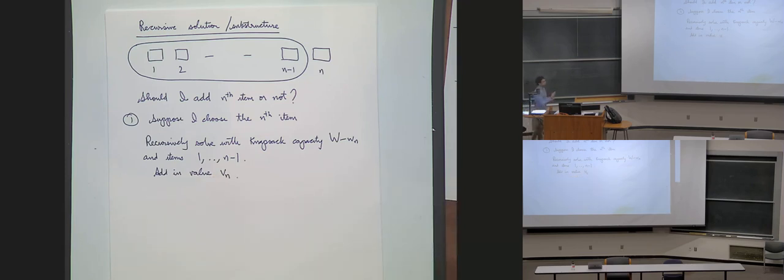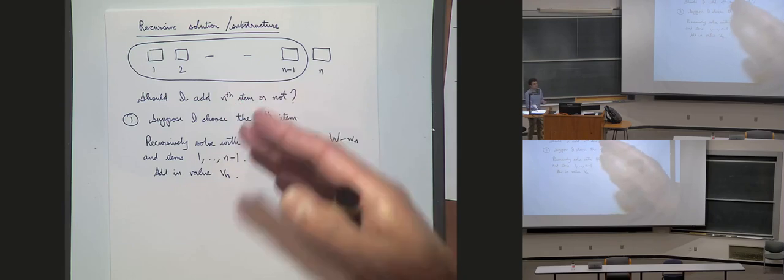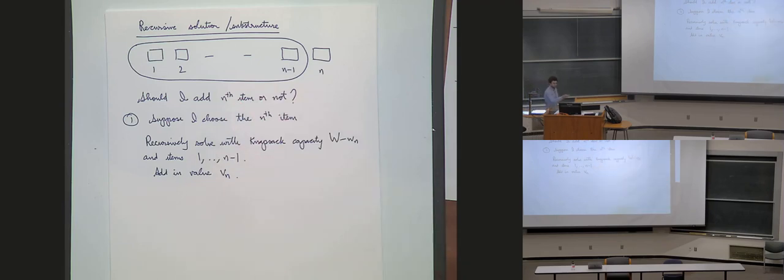So I recursively solve on whatever is left with a reduced knapsack, then go back and add the value of what I just put in.